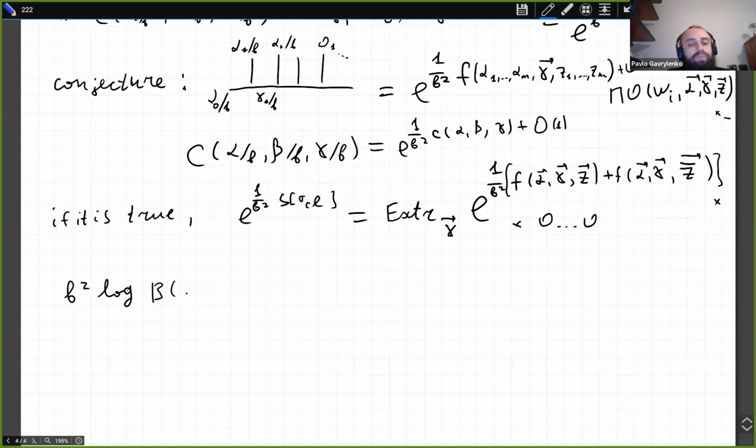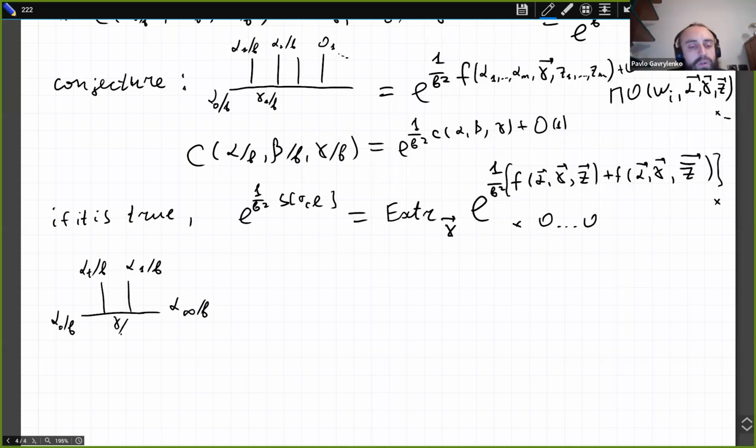So you can, for example, expand it. So it's some function of z. It is some series. Well, maybe how to explain it better. So in principle, the conformal block is some function. If you put here alpha 0 over b, alpha t over b, alpha 1 over b, alpha infinity over b, and gamma over b.